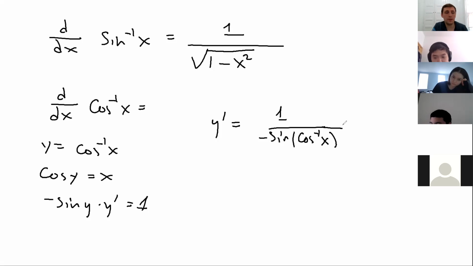Now, how do I simplify this thing, guys? So here I draw a triangle. I'm trying to understand what is cosine inverse. So I draw a triangle. And what do I do with this triangle, please?